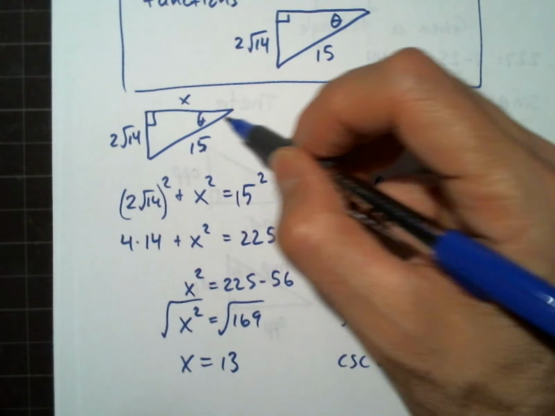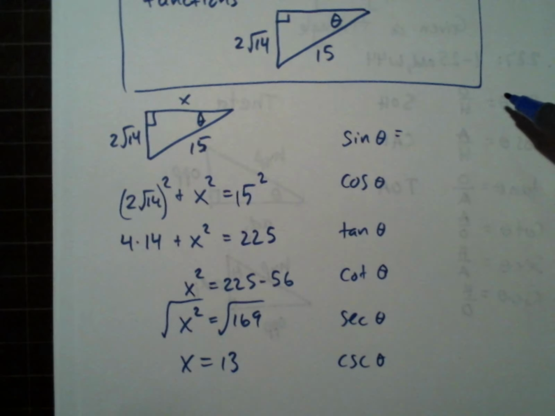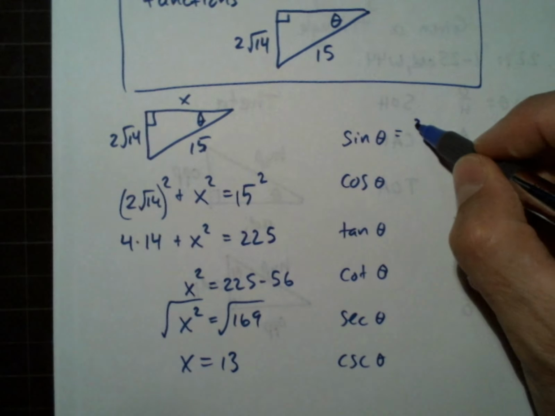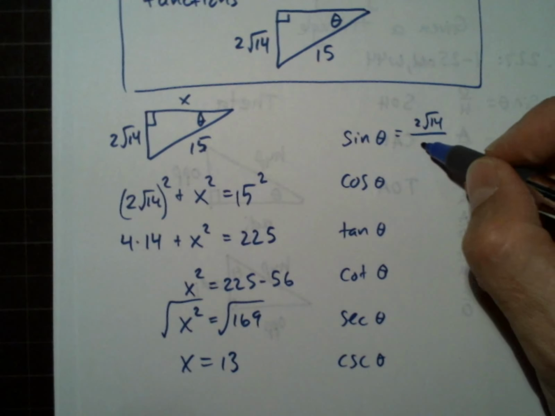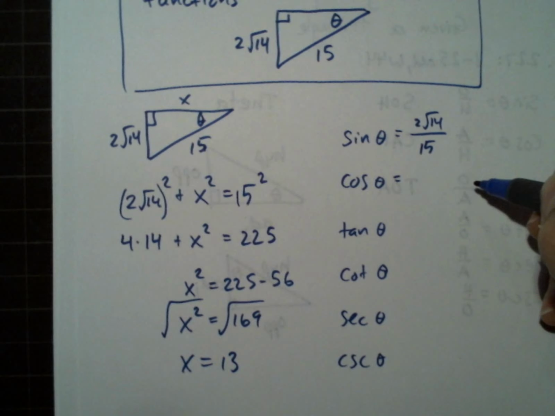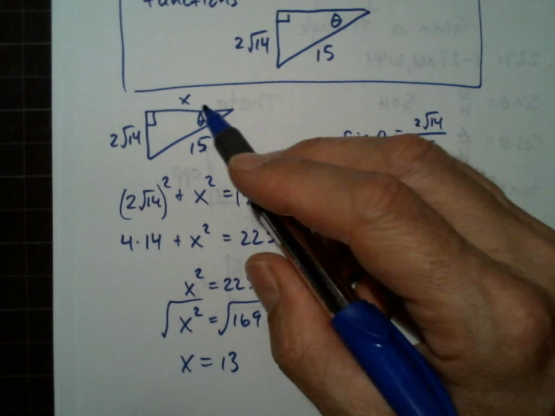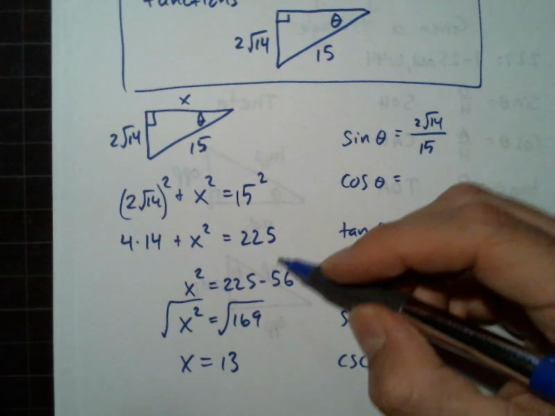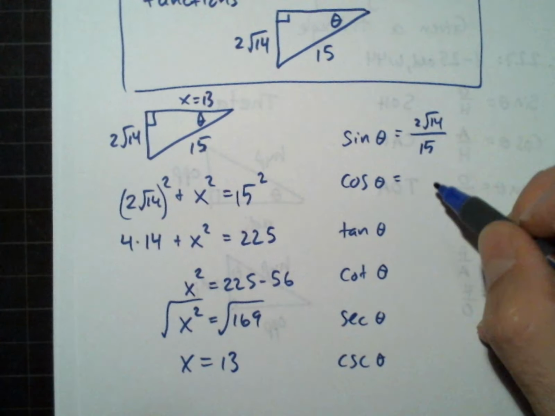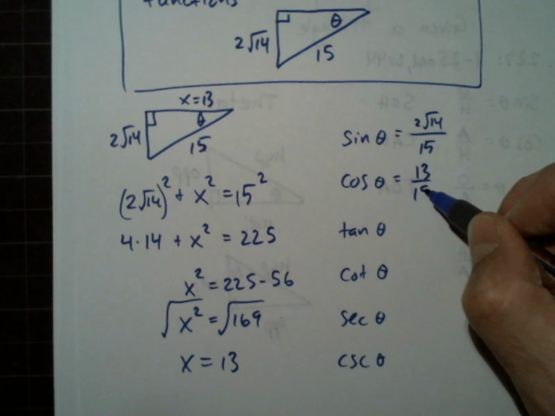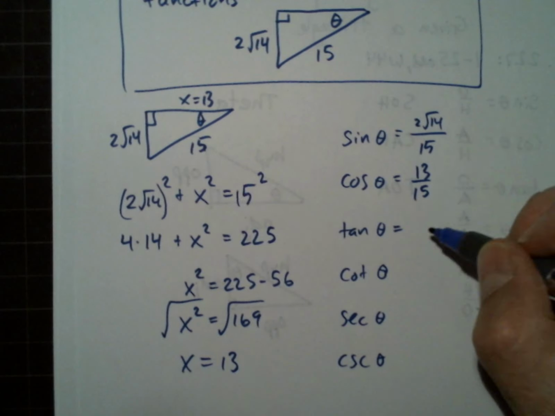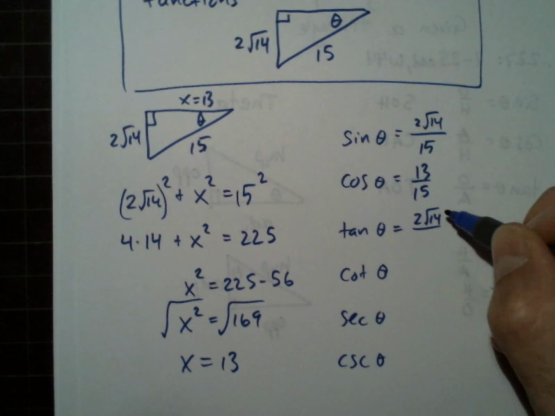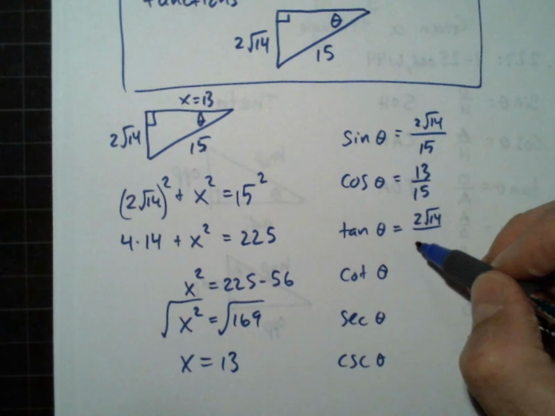Here's theta. So that means opposite is 2 radical 14. And we want to have the hypotenuse, which is 15. Cosine is going to be adjacent, which is 13, over the hypotenuse. Tangent is opposite, 2 radical 14, over adjacent 13.